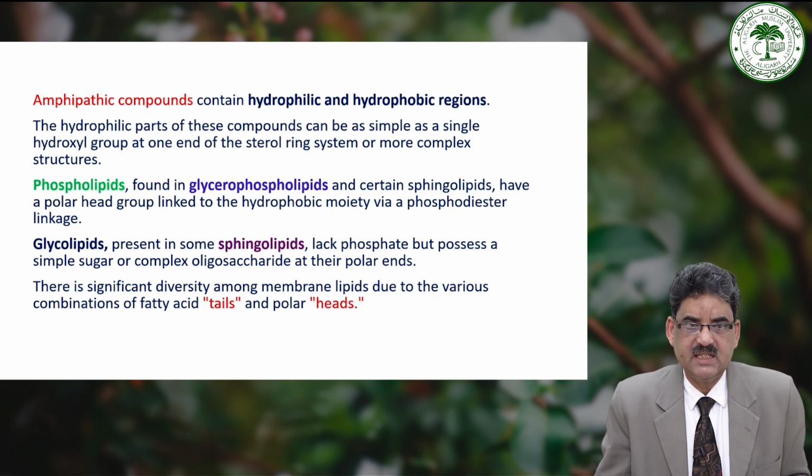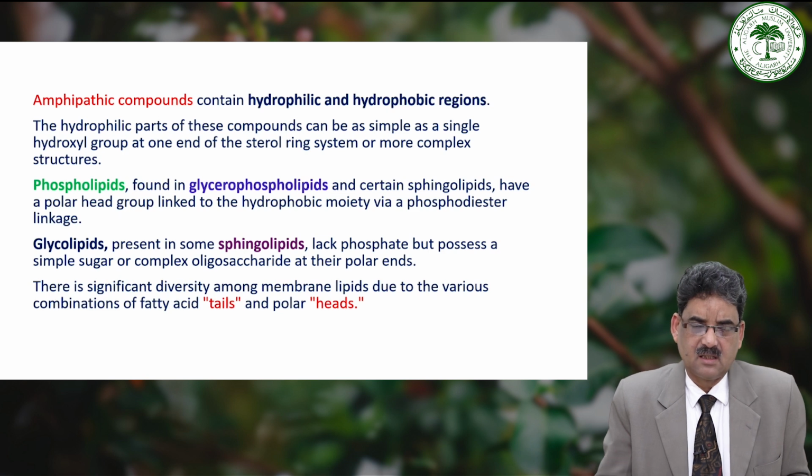The hydrophilic moieties of these amphipathic compounds can range from a single hydroxyl group at one end of the sterol ring system to more complex structures. In glycerophospholipids and certain sphingolipids, a polar head group is connected to the hydrophobic component via a phosphodiester linkage, classifying them as phospholipids.